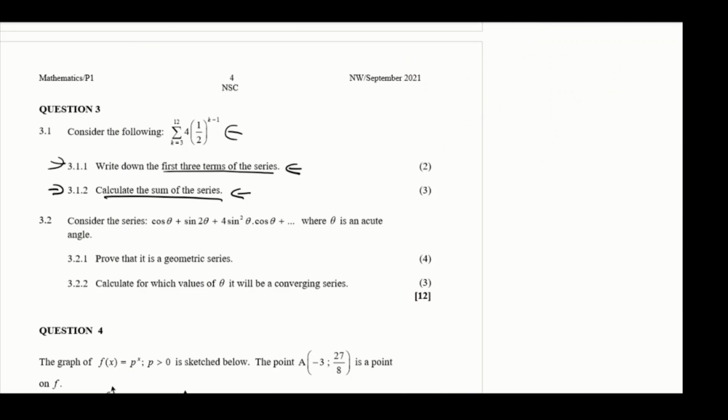So 3.2, we are given this series here, which is cos theta plus sine 2 theta plus 4 sine squared theta multiplied by cos theta, where theta is an acute angle. In 3.2.1, we are asked to prove that it is actually a geometric series.